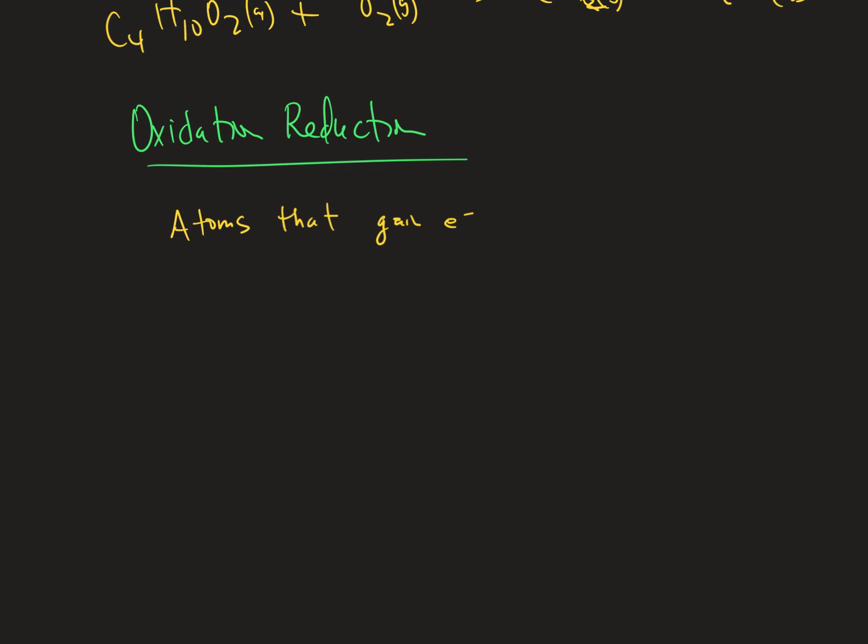Okay, atoms that gain electrons we call what? Oxidation or reduction? Gaining electrons makes it more negative, so that is reduction. So its charge goes down, a reduction in charge, right? And then atoms that lose electrons are then oxidation.